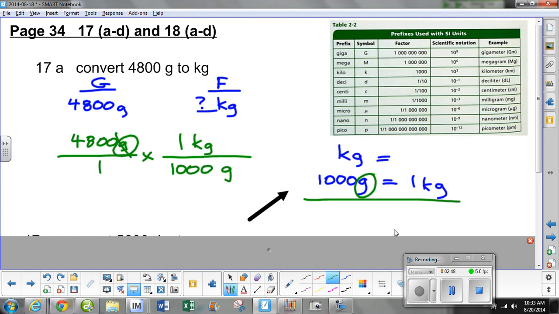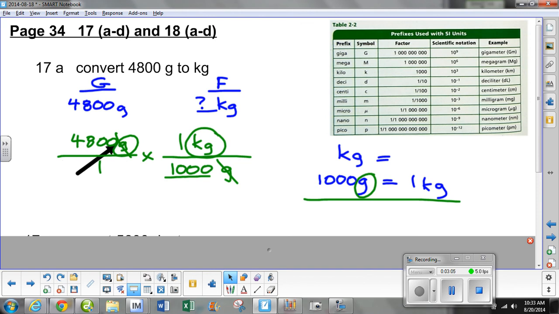I'm going to cross out the grams, and we're going to wind up with kilograms because that's the only unit of measure left. And all I have to do is divide this 1,000 into the 4,800.